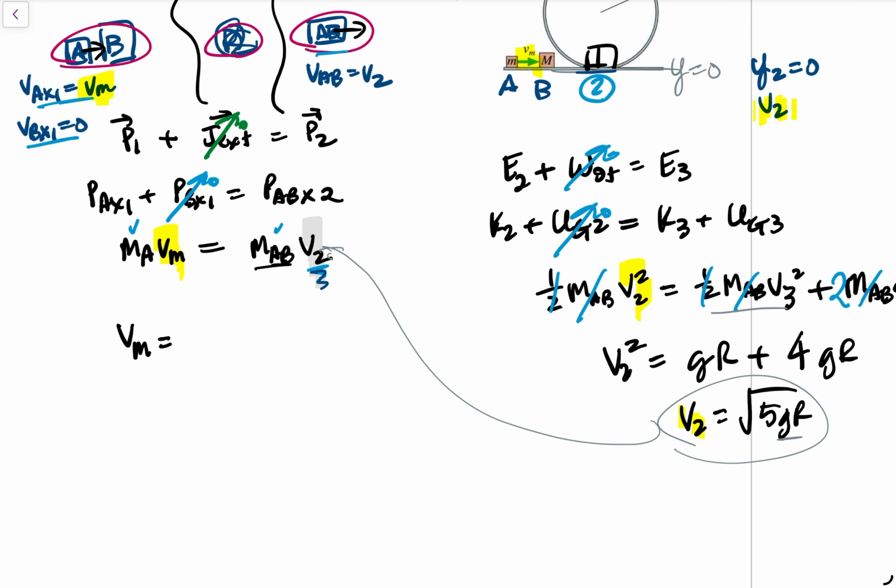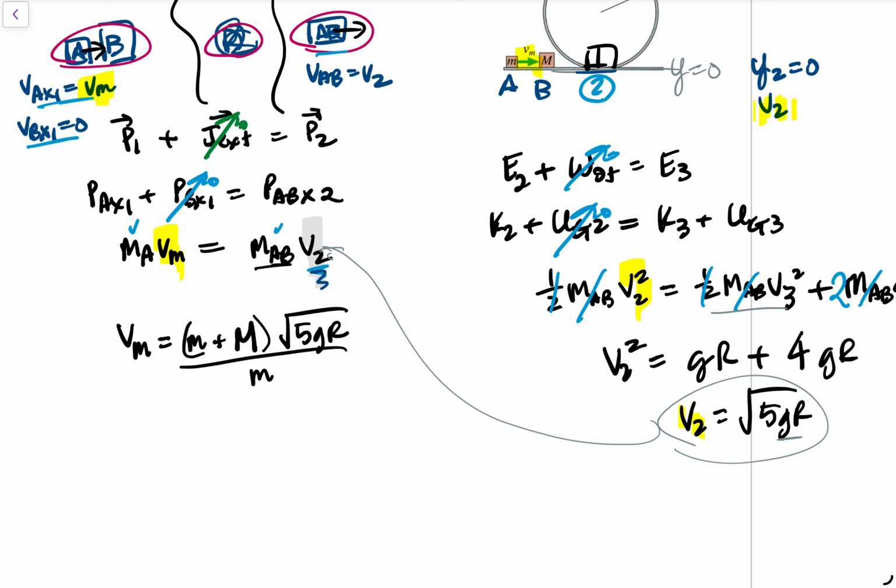This is the total mass, so this is little m plus our big M. I'll go ahead and just plug in the values they gave us. And then V2 is the square root of 5gR. And then on the bottom here, I'm going to divide by the mass of that little block.